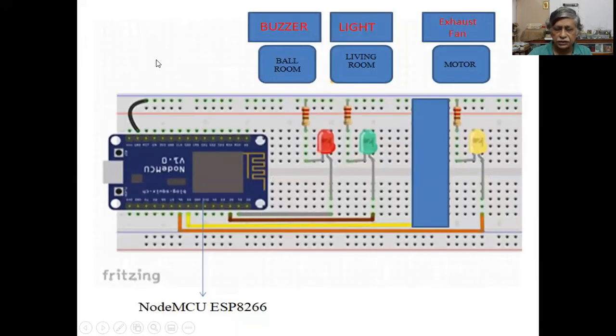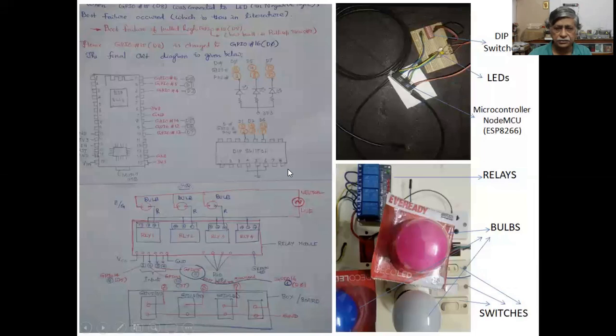This slide shows the microcontroller connected to the 3 LEDs, which simulate either a buzzer or loudspeaker corresponding to the ballroom, the light inside the living room, and the exhaust fan corresponding to the kitchen. That is the motor corresponding to the exhaust fan, which will control the humid nature inside the kitchen. And this is the NodeMCU ESP8266 microcontroller.